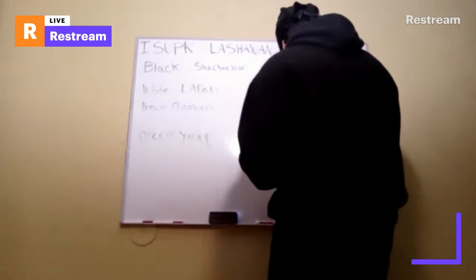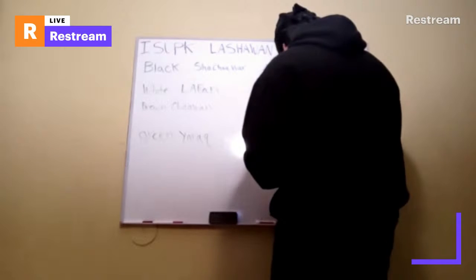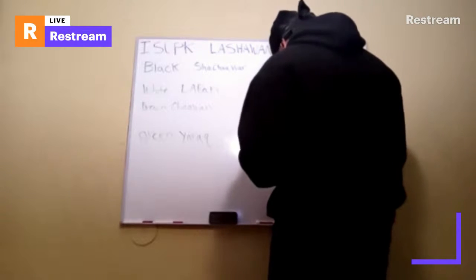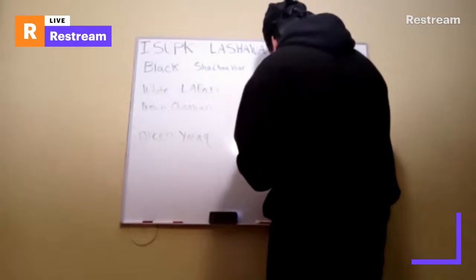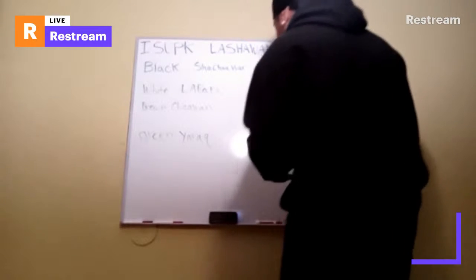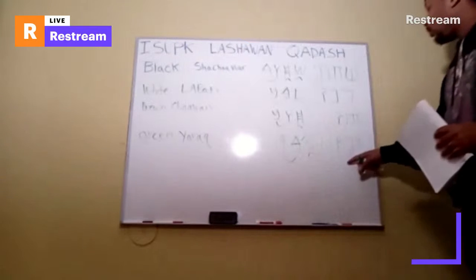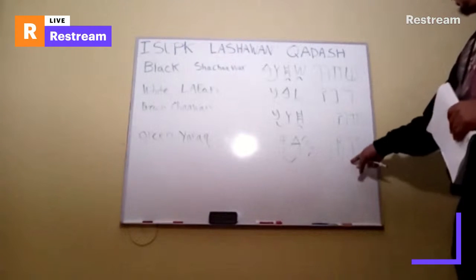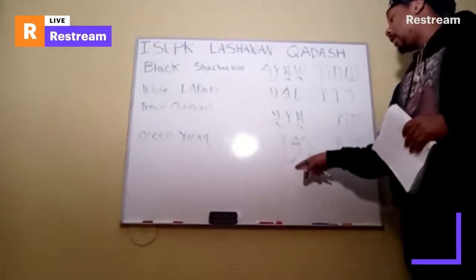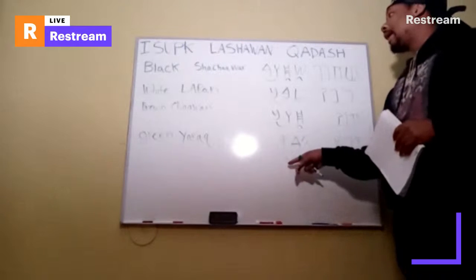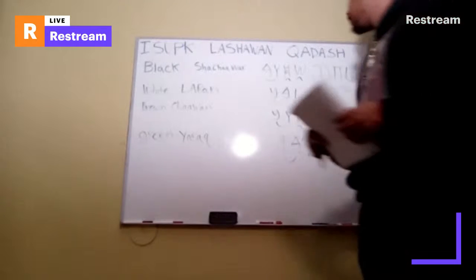Yarak. Assyrian spelling, Yarak. The Ra and Qua sound connect at the end of the word. Yarak. Ancient. Okay?